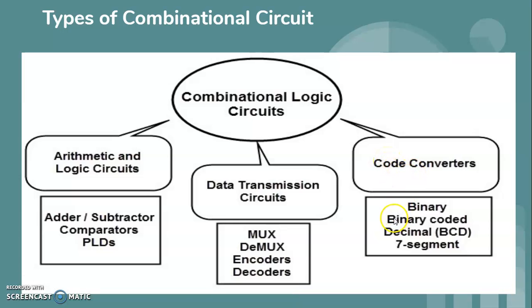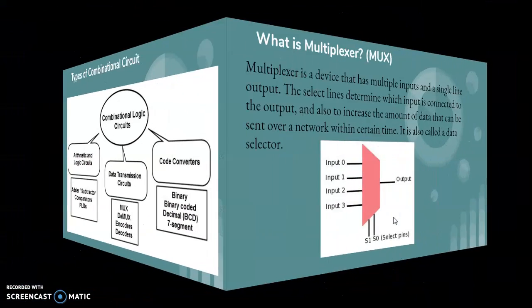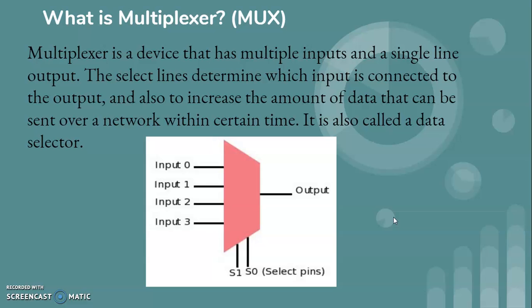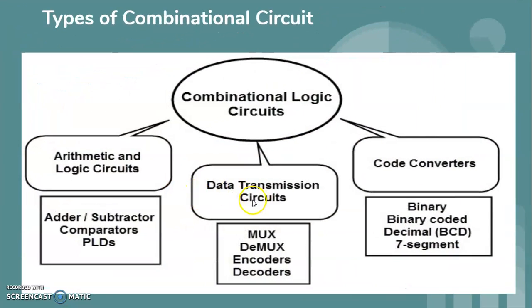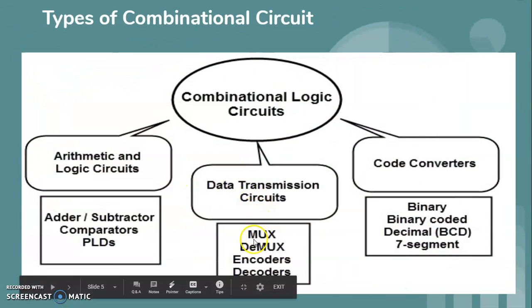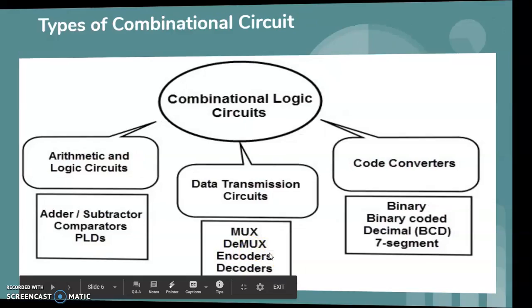In that we have binary coded decimal, that is BCD. So now we will focus on the second category, that is data transmission circuits, where we have multiplexer and demultiplexer.